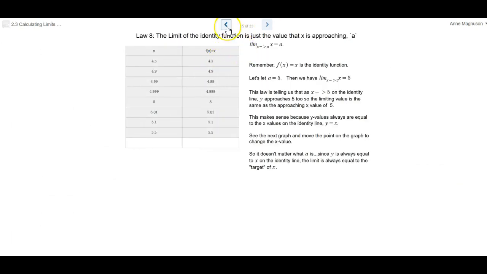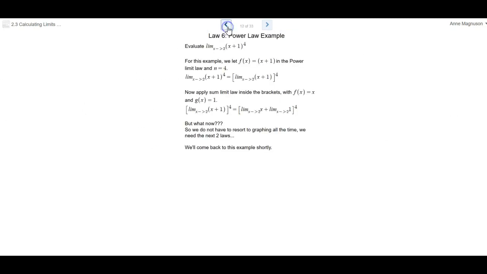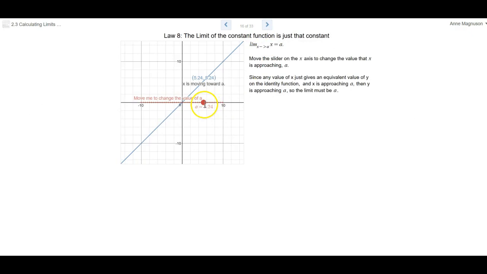The next law is going to help us figure out the first part of this problem: the limit as x approaches 2 of x. Remember that y equals x is called the identity line. If we look at the graph, y equals x always. So if x is approaching any number a, and y equals x, then y is approaching that number as well.